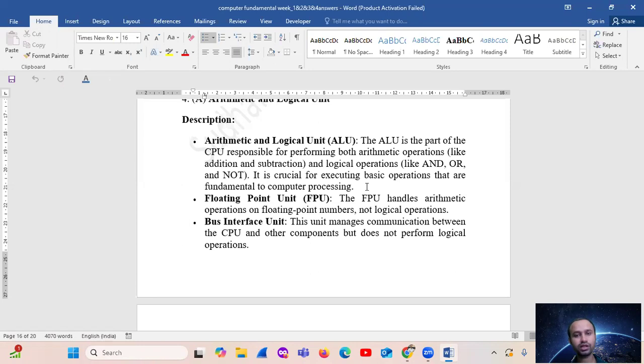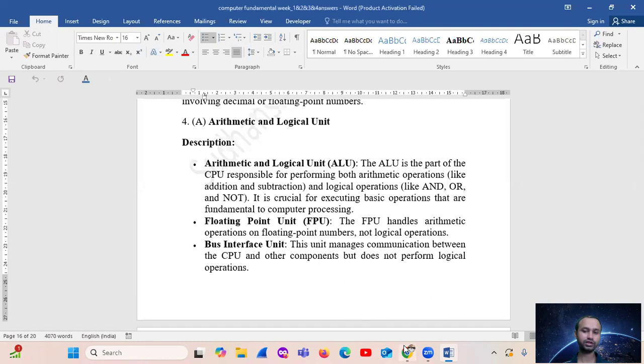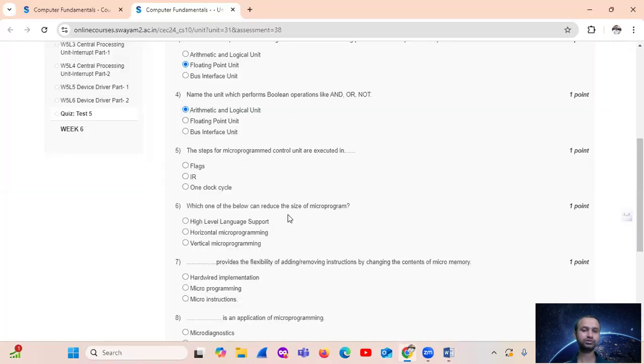So it is special for executing basic operations that are fundamental to computer processing. FPU बता चुका हूँ मैंने, और बस इंटरफेस यूनिट भी बता चुका हूँ। सो इसका आंसर होगा ऑप्शन नंबर A, arithmetic and logic unit.